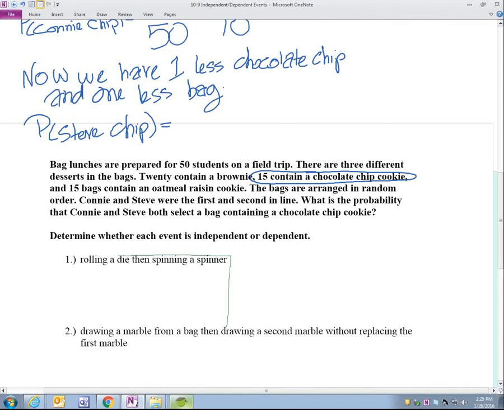I've got how many possible successes is there? 14 now, because there was 15, but Connie took it. Connie already took her bag, so how many bags are left to take? 49.